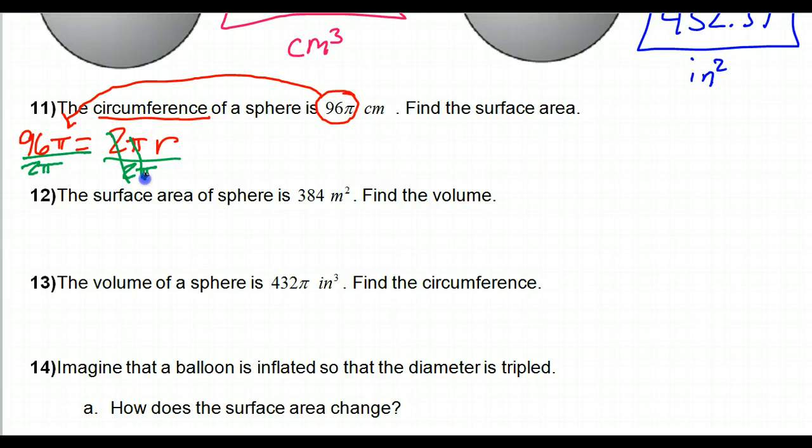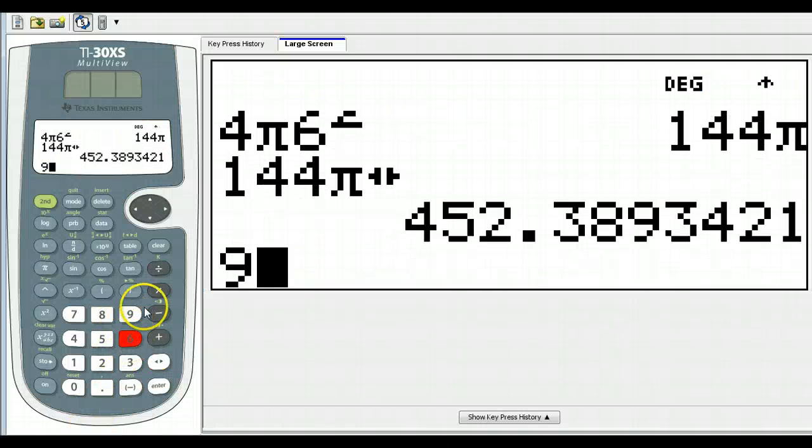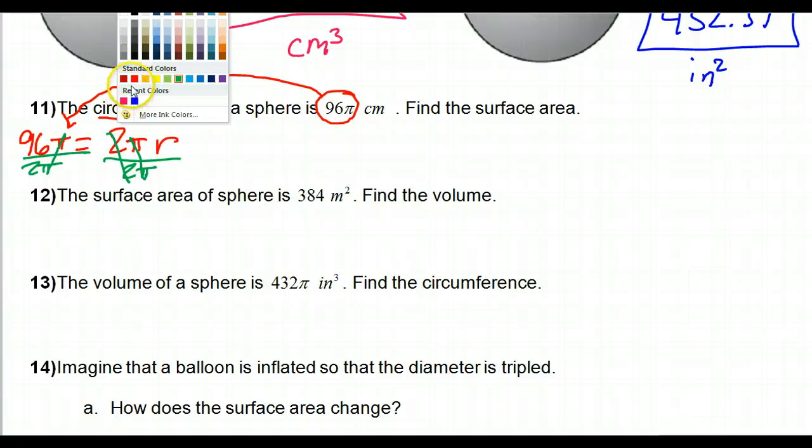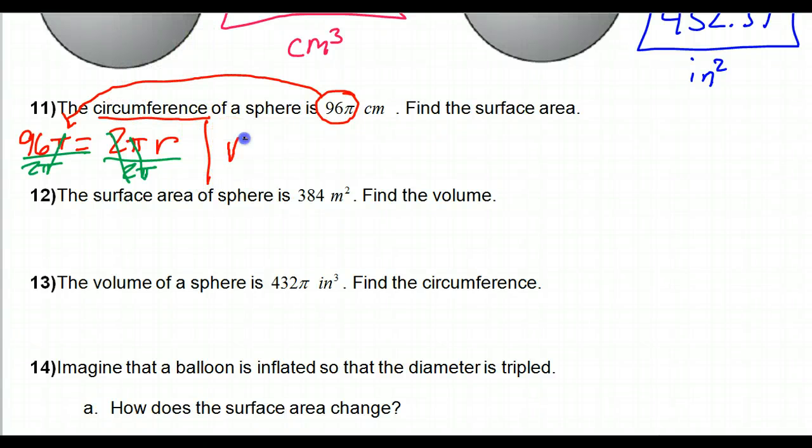The 2's cancel, the pi's cancel. Even these pi's will cancel. And of course, 96 divided by 2 is 48. We knew this. Okay, so far we know that the radius is 48. We just solved for it.